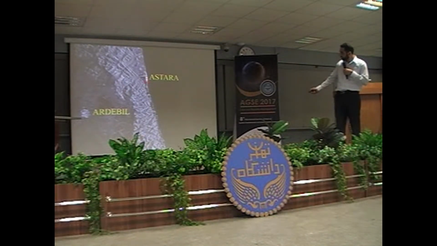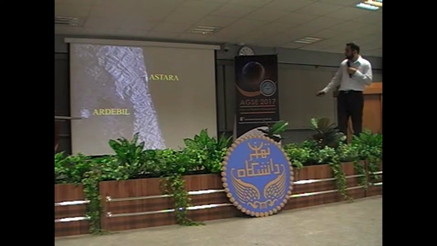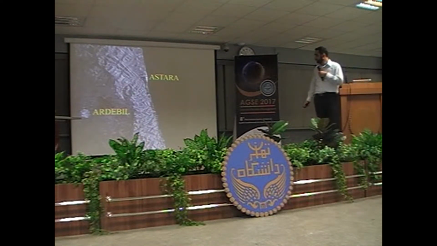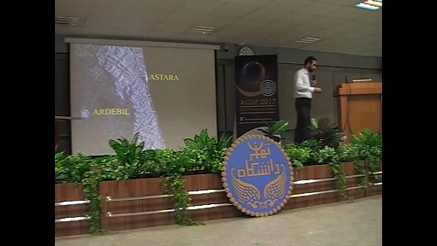Here is the Caspian Sea, and here is Astara, another city in the north of Iran. Again, you can see it's very bright. It consists of a lot of corner reflectors. That's why it appears very bright in the radar image.